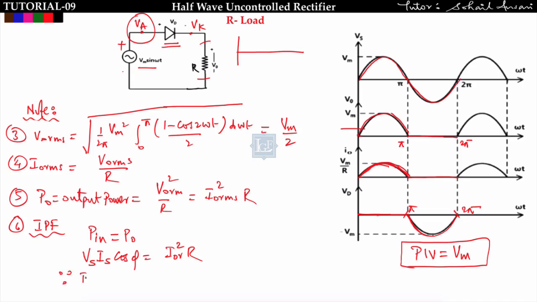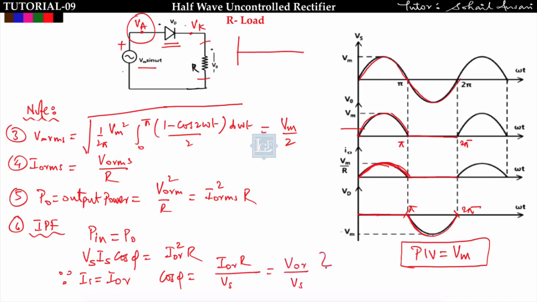We can say IS is equal to IOR. The waveform of source current and the waveform of output current are the same, that's why their RMS values are equal. So I can finally write cos phi is equal to IOR into R by Vs, and IOR into R is nothing but output voltage, so VOR upon Vs.